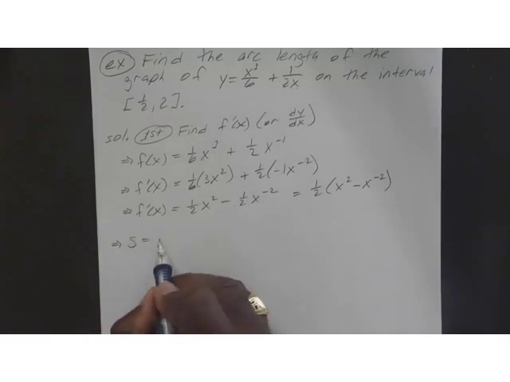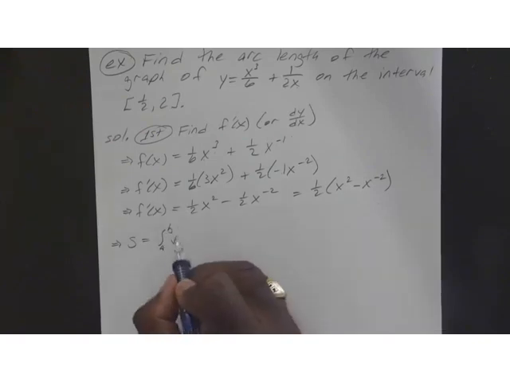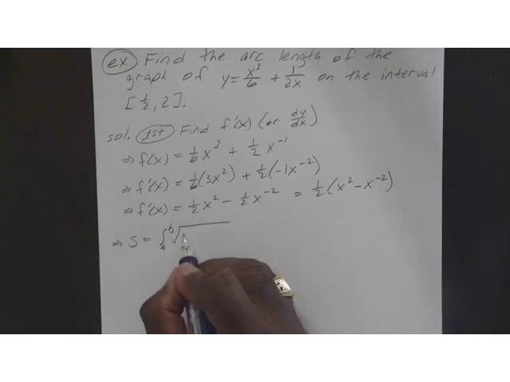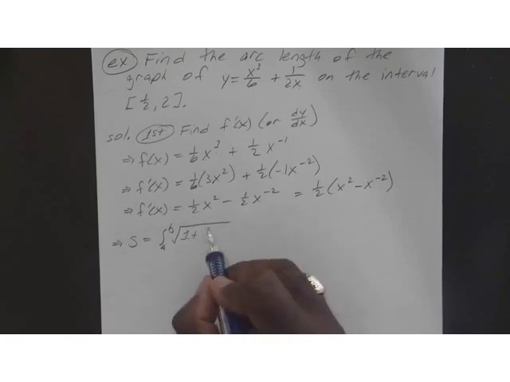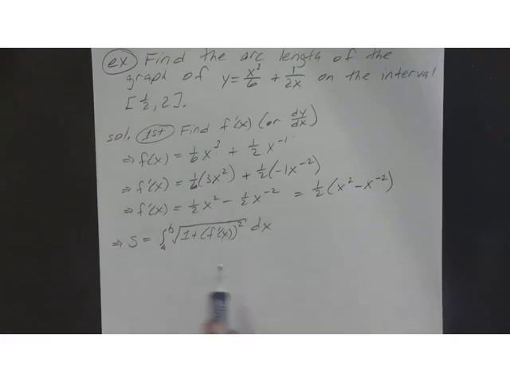So our arc length formula is just equal to the integral from a to b of the square root of 1 plus f prime of x squared with respect to x. And again, if you want to use dy dx there, that's perfectly okay.